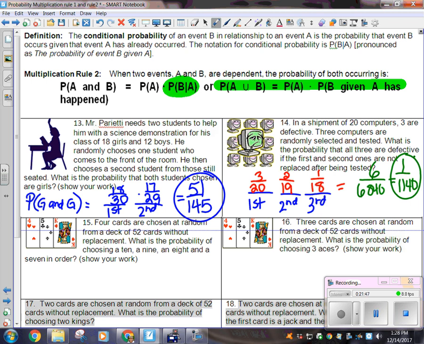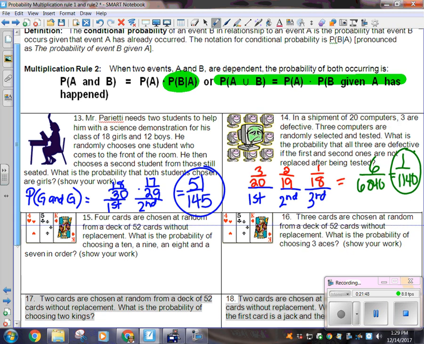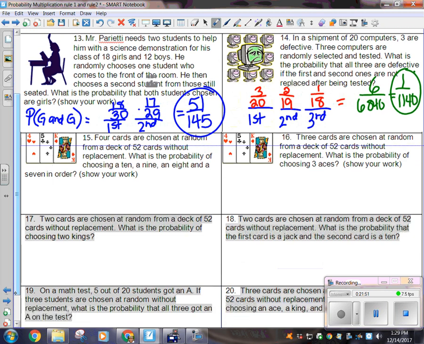Okay, 4 cards are chosen at random. What is the probability of choosing a 10, then a 9, then an 8, then a 7? Does everybody understand? Okay, so I'm going to choose 4 cards. This is my first pick, my second pick, my third pick, and my fourth pick.